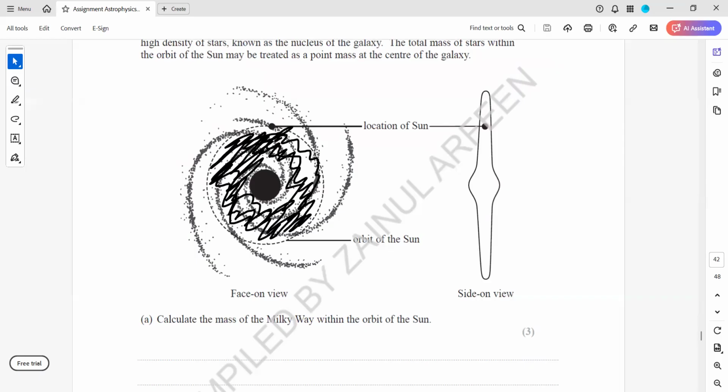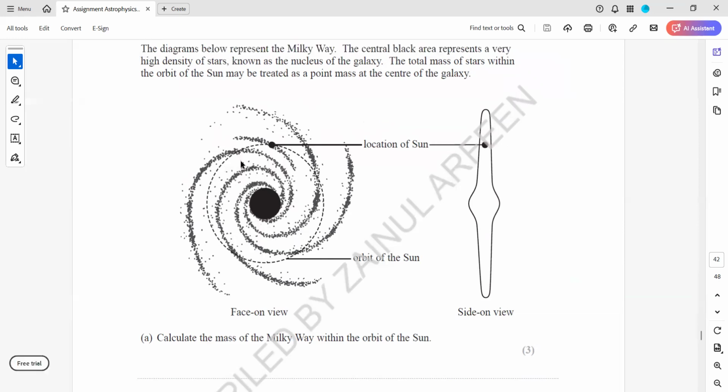we will consider Newton's law of gravitation. According to Newton's law of gravitation, this mass is pulling the sun. So there is a force of gravity on the sun, and that force of gravity is also the centripetal force.